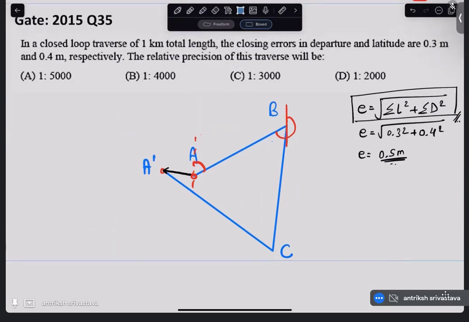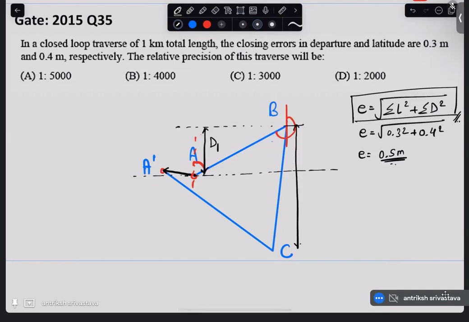Now, starting with point A, when you go to point B, you move in vertical direction AB, right? This is your vertical one movement. So let's say this is your D1. From B to C, when you move, and consider that this A point, actually the original A point, is the origin.